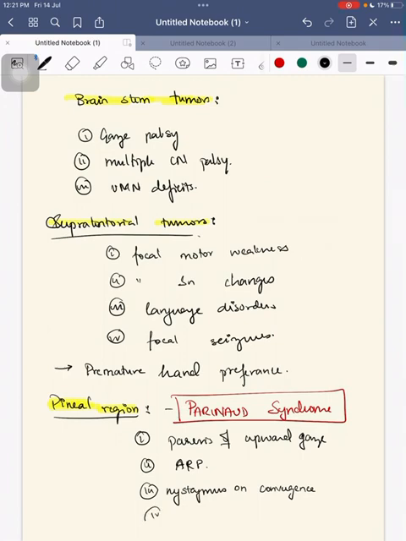Fourth, the child will have eyelid retraction. These are the clinical features depending upon the location of the tumors.